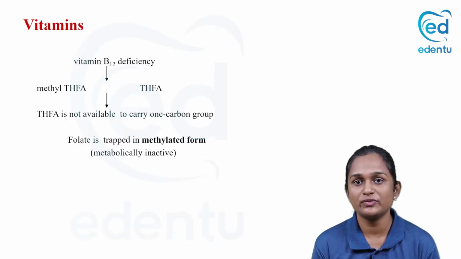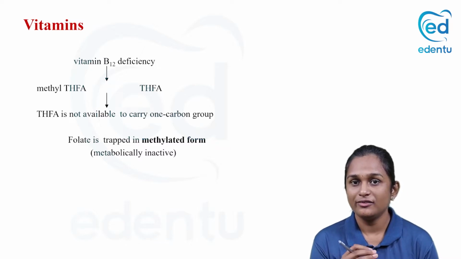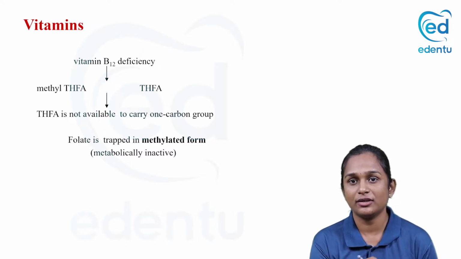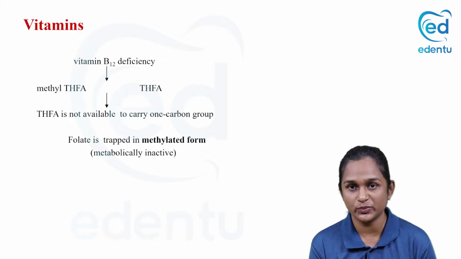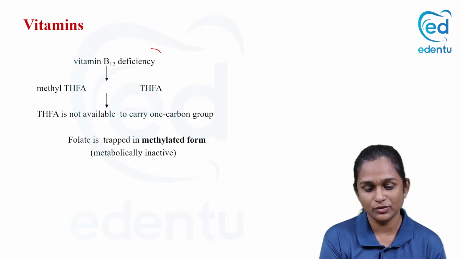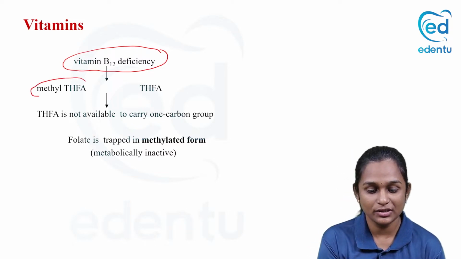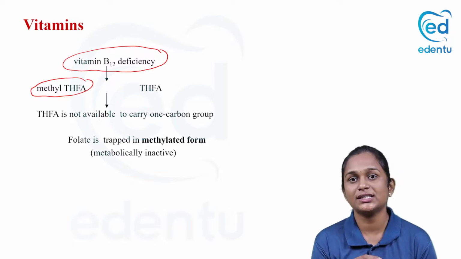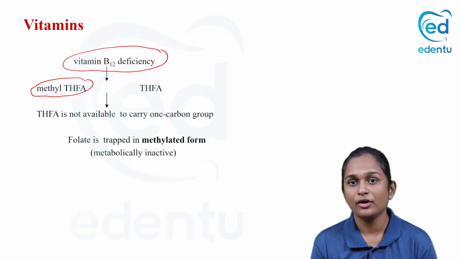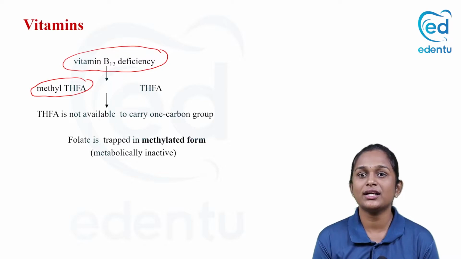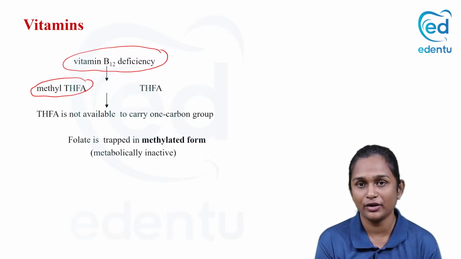What happens when vitamin B12 is deficient? We saw first methyl tetrahydrofolate donates its methyl group to B12 and it forms methylcobalamin. What happens if vitamin B12 is deficient? All the folate gets trapped as methyl tetrahydrofolate because it is the irreversible final step. So whatever folic acid is available, it gets trapped as methyl tetrahydrofolate.